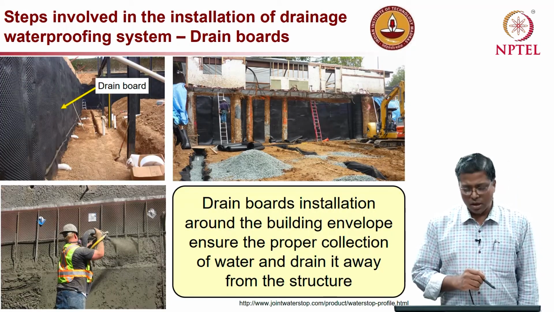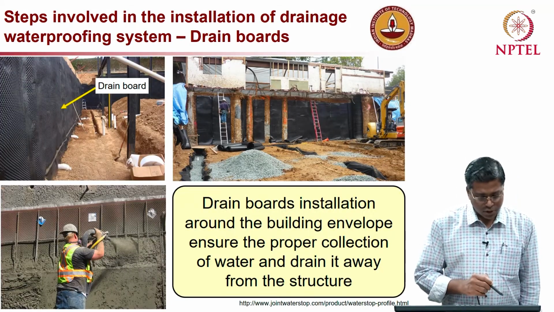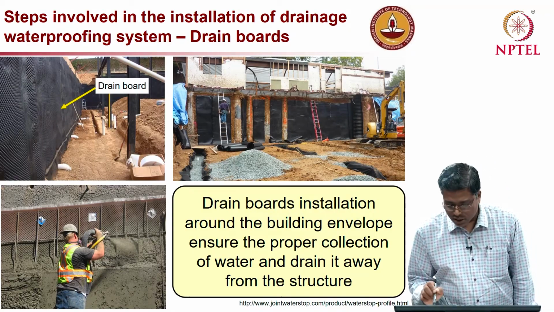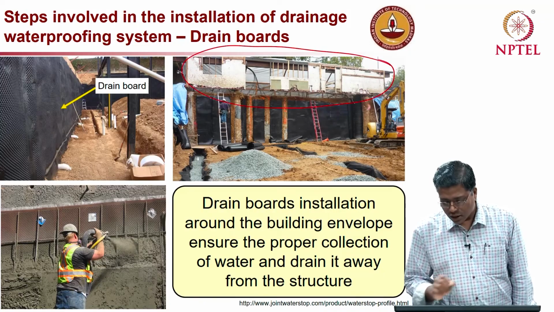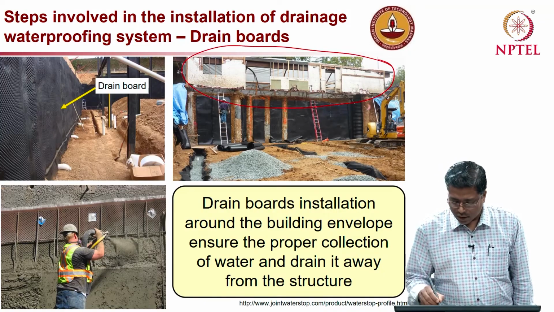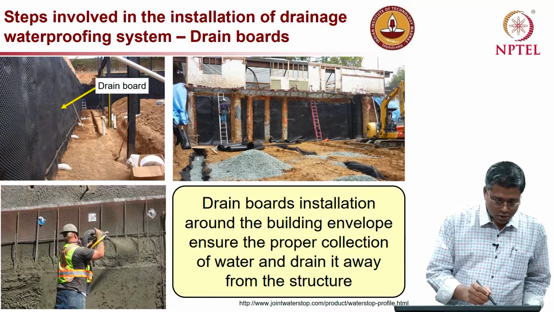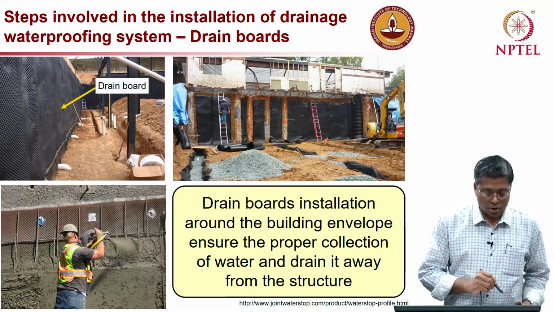So, an example where drain boards have been used, you can see on the top right image where the building is standing, and they are actually protecting the wall below. Now let us look at the picture on the top left.